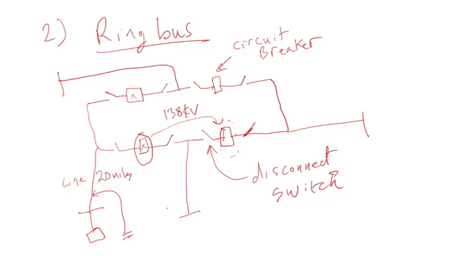Then you are only taking out another circuit. This line here will already be out of service because it's faulted, but this line here will be de-energized and taken out of service. So out of the 4, with the ring bus, only 2 lines could be out of service, and the other 2 would stay in service.